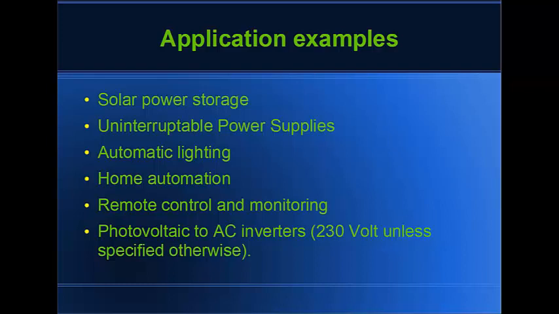Photovoltaic to AC inverters are built into many of my designs, or they can be standalone. An inverter is something which converts direct power, for example, from a dry lead acid battery to alternating current as used in the main supply.